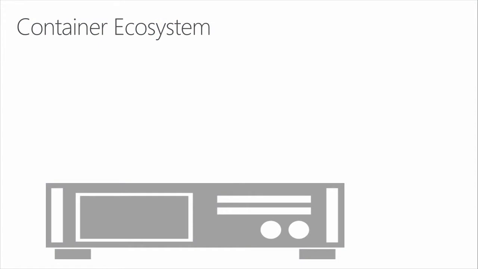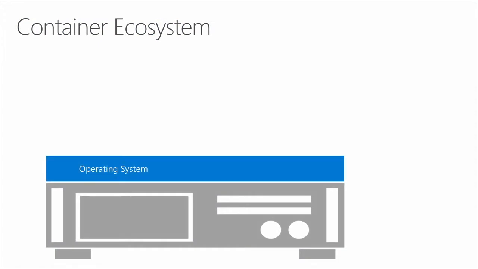So how would this look with containers? Well, once again, we're going to start with a computer and an operating system. However, now we're going to have this notion of a container. When we think about it in Windows, this is a new kernel mode implementation that allows the container to have access to system resources and operating system resources, but to have them isolated from other containers and the host operating system.